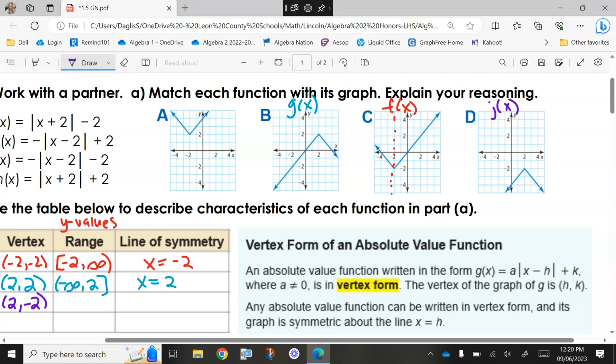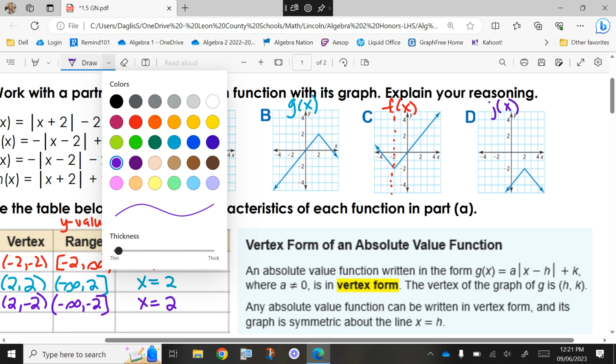And our range this time? -infinity to -2. Good. Remember parentheses and then a bracket, because it's an actual y value on the graph. That's why it gets the bracket. Line of symmetry? X equals +2. Good.